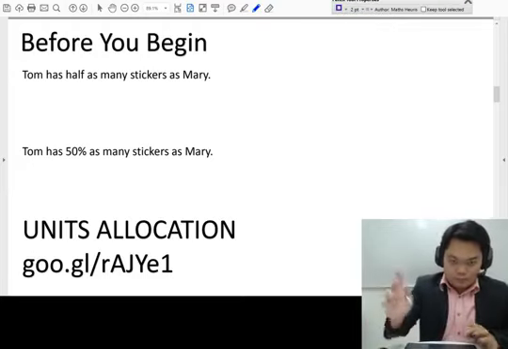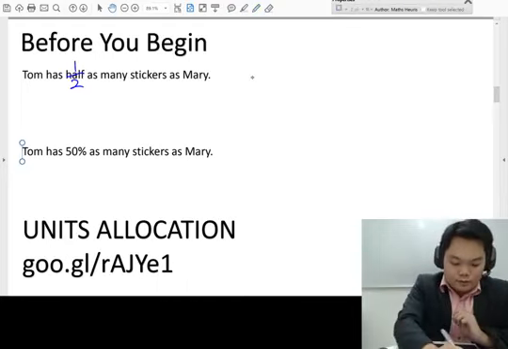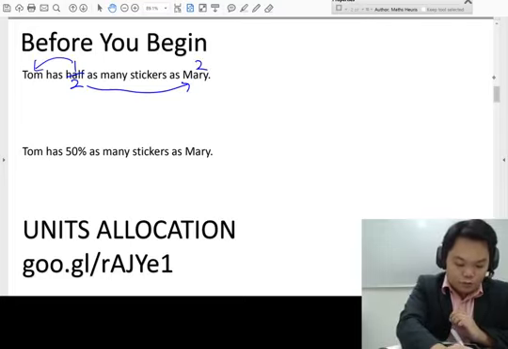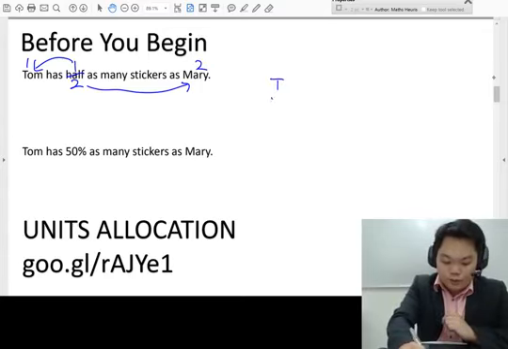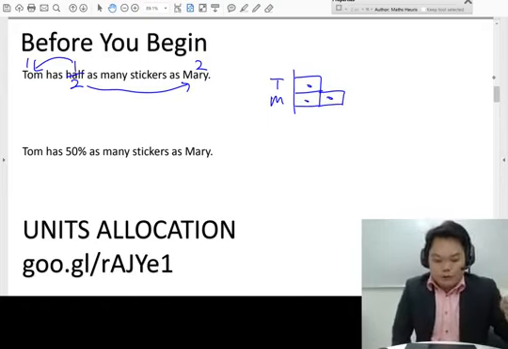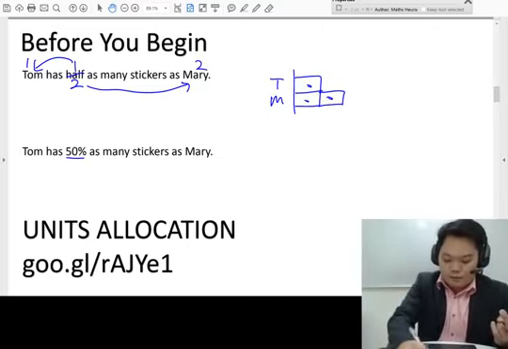Okay. This half can be changed into a fraction, and the denominator goes to Mary first, the numerator goes to Tom. In model representation for the P4s, this is how it would look. Tom would have one block, and whatever Tom has, Mary would have 2 copies of that. So we call this 1 unit and 2 units. In a similar manner, this 50% can be converted into a fraction.